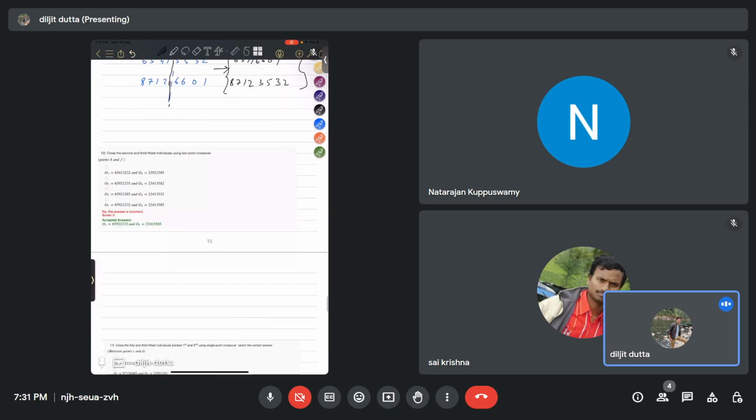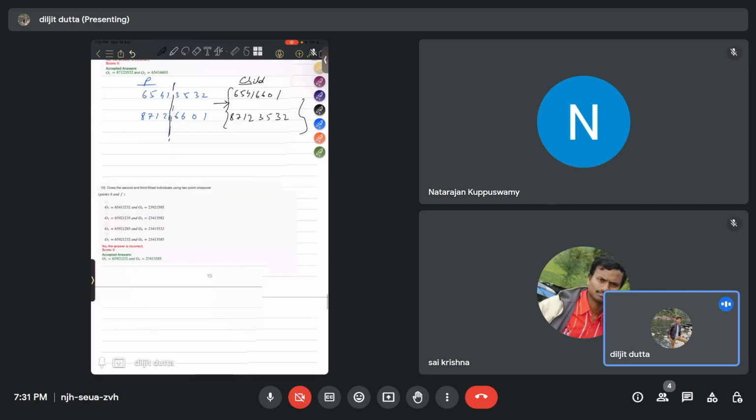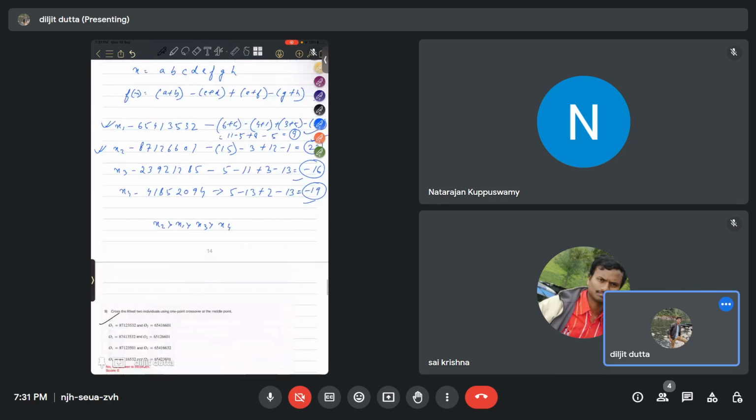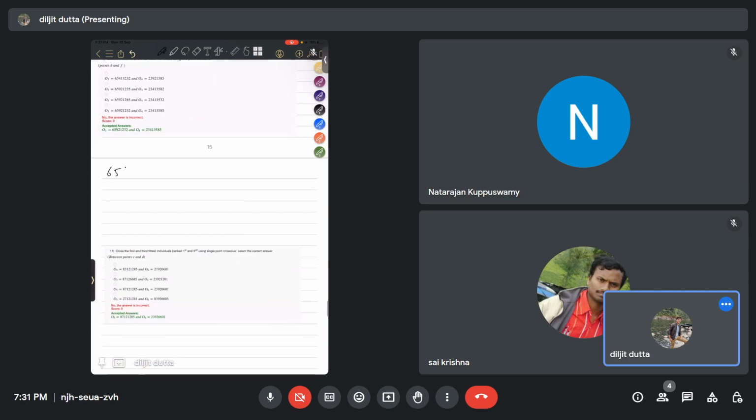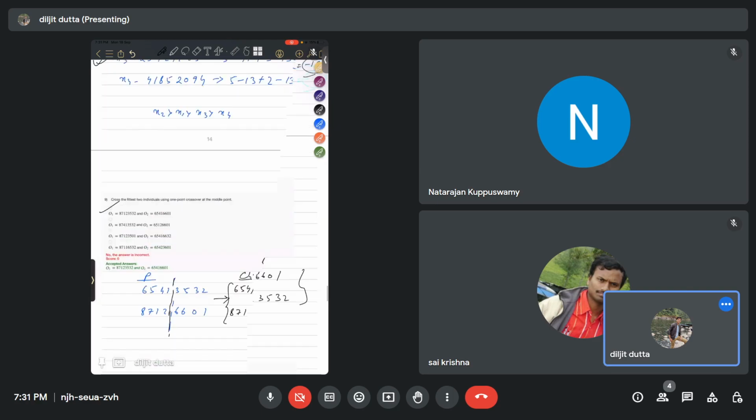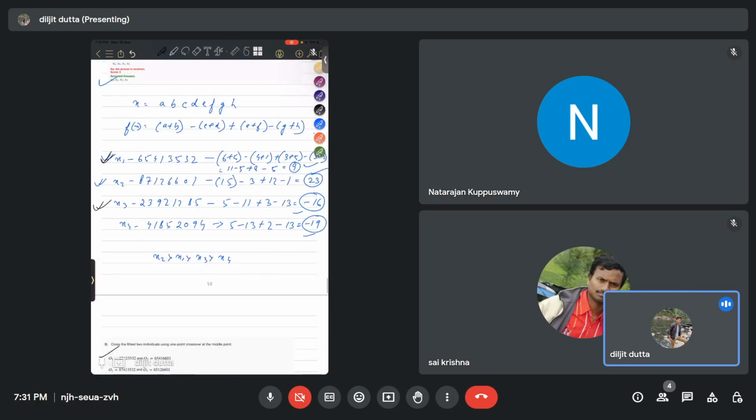The second is cross the second and the third fittest individuals using the 2 point crossover, that is points B and F. The second fittest is X1, and the third fittest is X3. So let us write these solutions: 6541 3532, and the other one is 2392 1285.